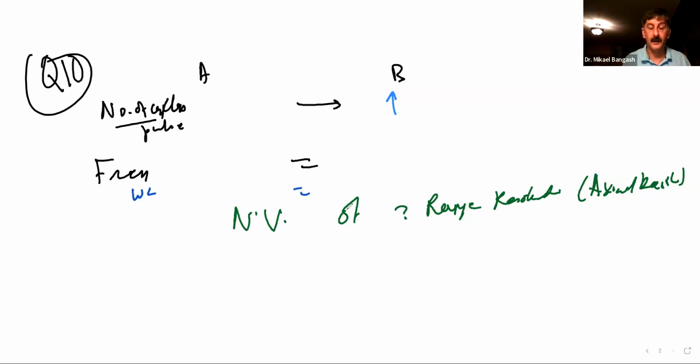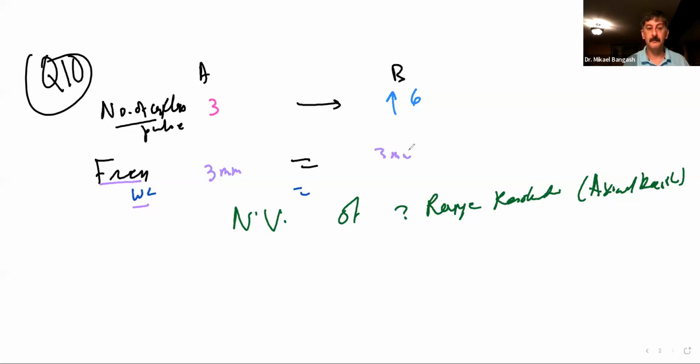We had, for instance, 3 cycles per pulse. We increase that to, let's say, 6 cycles per pulse. Since the frequency was the same, the wavelength will also be the same.